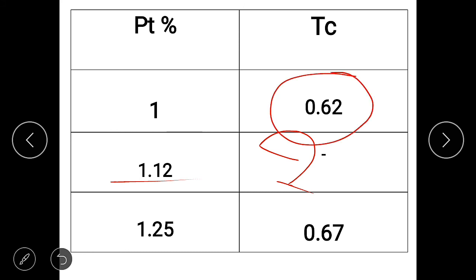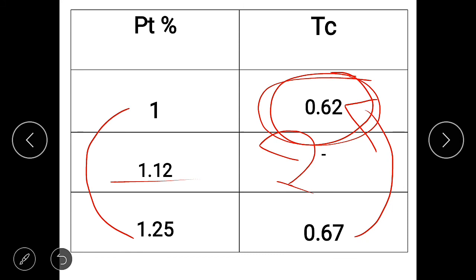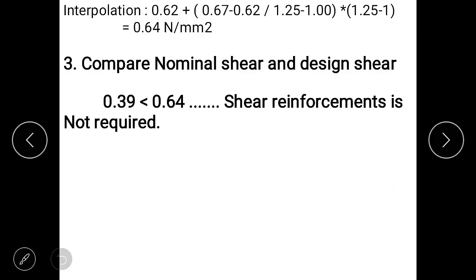By using the interpolation method. 0.62 plus, in bracket, 0.67 minus 0.62 divided by 1.25 minus 1, multiplied by 1.10 minus 1. So we got the value 0.64 Newton per mm square.